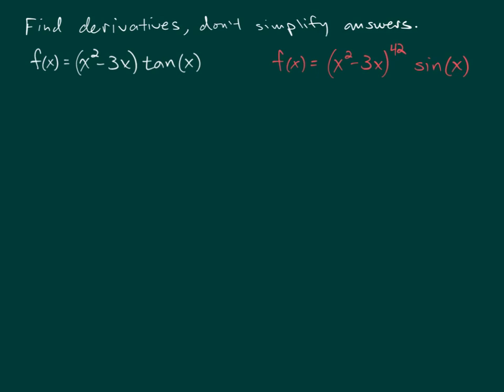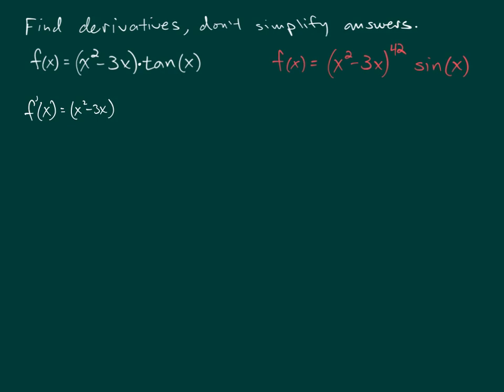So starting here, I have f of x equals this function. I can tell that there will be a product rule because I have the product of two different functions. What that will look like is the first function, x squared minus 3x, times the derivative of the second function.